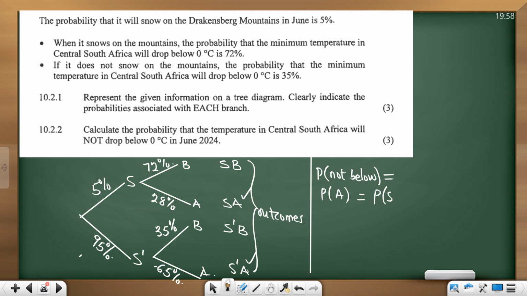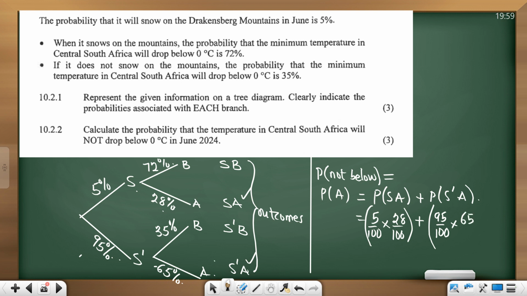So it's the probability that it will snow and it will be above, or the probability that it will not snow and be above. 5 over 100 times the probability of being above, 20 over 100, plus not snowing, 95 over 100, above, 65 over 100.